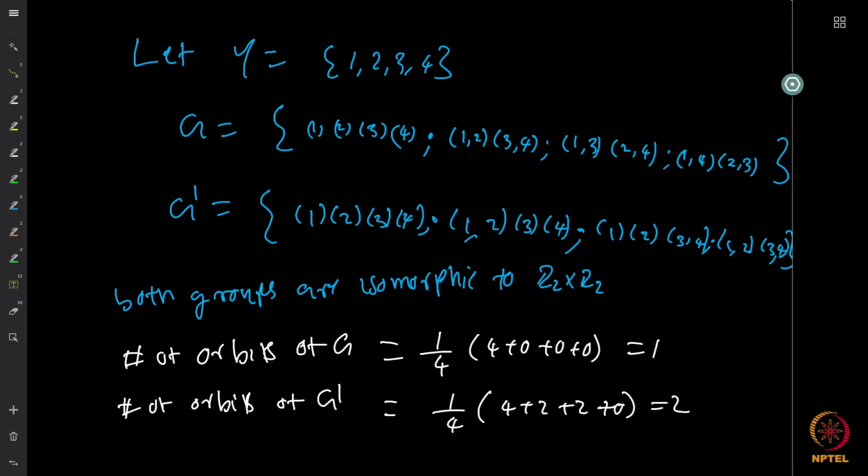Then for the other one, two elements are fixed again, right? And therefore I get 4 plus 2 plus 2. Of course, identity fixes all the elements, which is 4. So the number of orbits of G and G dash are different. For example, in the case of G, you get only one orbit, and in the case of G dash, you get two orbits.